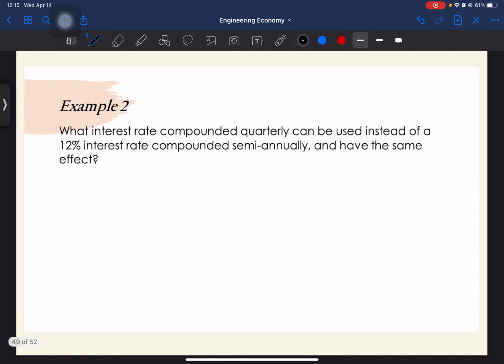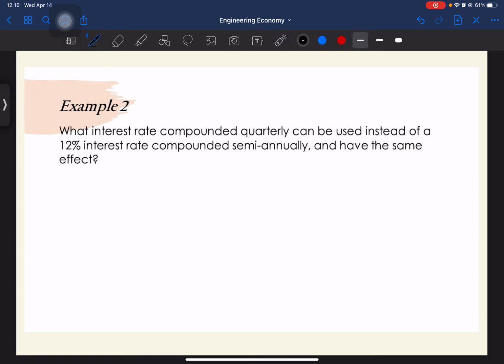Next example is example 2. What interest rate compounded quarterly can be used instead of a 12% interest rate compounded semi-annually and have the same effect? Okay. Ang tinatanong, parang gusto mong palitan yung 12% interest rate compounded semi-annually. Papalitan mo lang siya ng pangalan, gagawin mo ang X% interest rate compounded quarterly, but they will be having the same effective interest rate, and have the same effect.